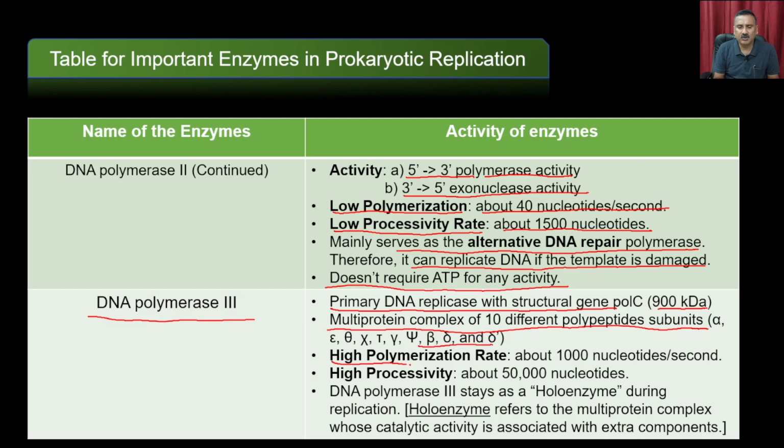It has a high polymerization rate, about 1000 nucleotides per second, and a high processivity, that is 50,000 nucleotides. DNA polymerase 3 serves as a holoenzyme during replication, and a holoenzyme refers to a multi-protein complex whose catalytic activity is associated with extra components.